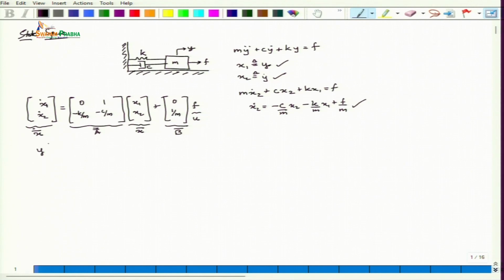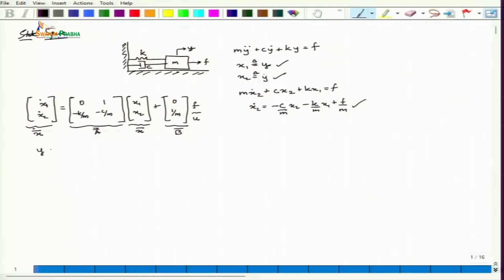Now we look at the output equation. So say the output we desire is y, that is the position of the mass, then that will be equal to some vector times this state vector plus some constant times u, and u, as we defined, is equal to F. So this particular vector, since the quantity we desire is y, that is x1, it will be 1 here, 0 here, and there will be no contribution of the force.